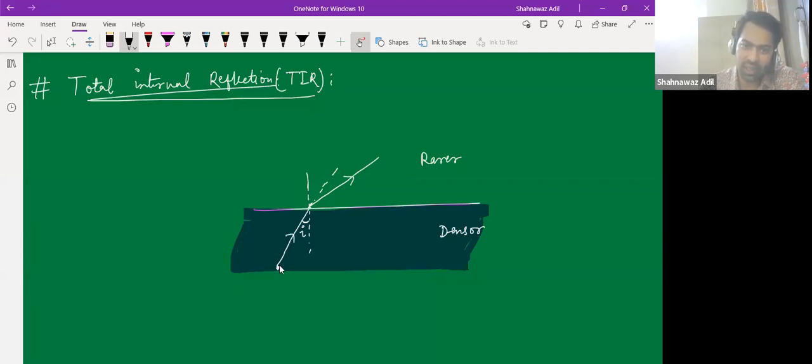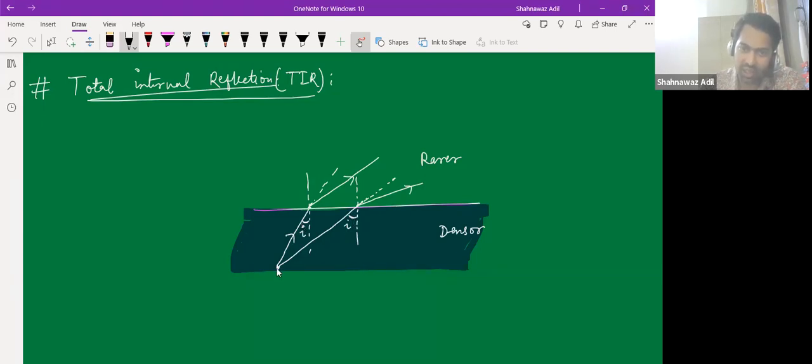Now let's say the light falls on this part. Then this is the actual path, and light will go in this direction. So this is the angle of incidence, and you see that the angle of incidence is increased.